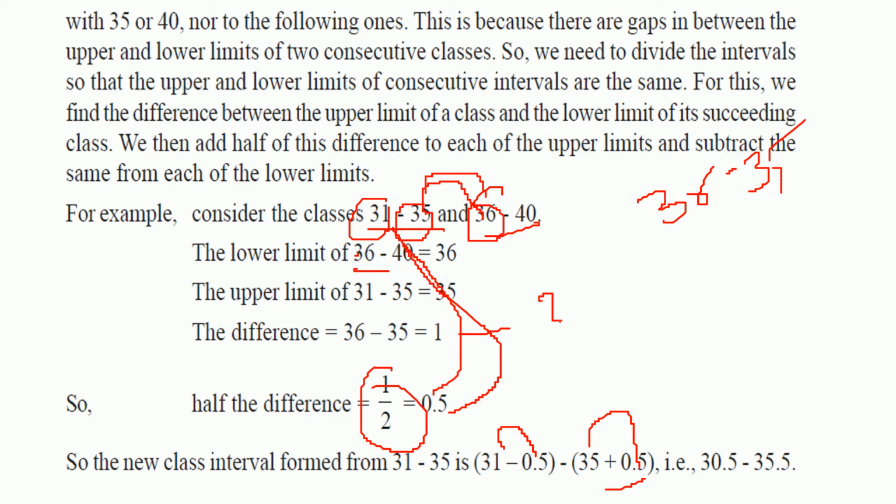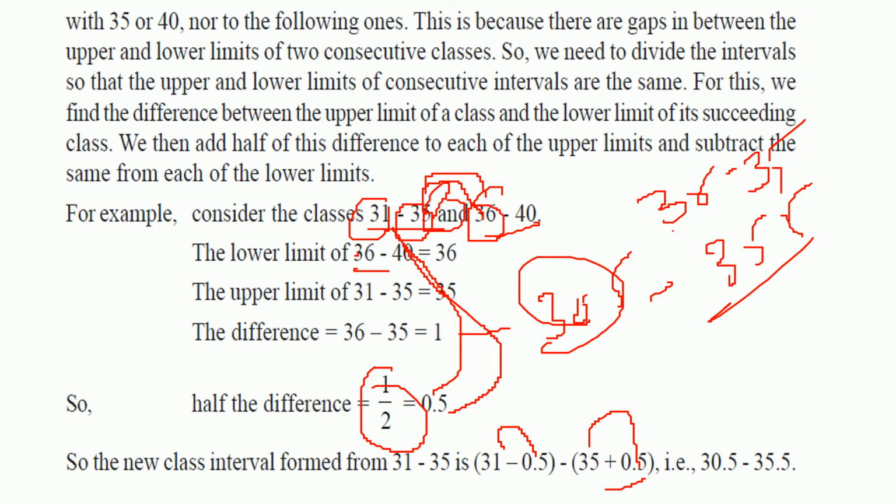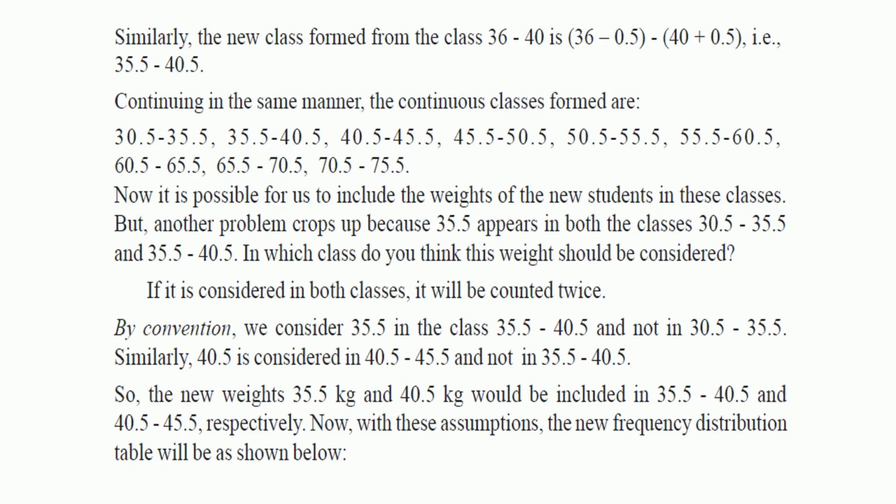So this becomes 30.5. We have taken 0.5 backward, so now this has to become 35.5. We have subtracted 0.5 here and added 0.5 here. Similarly, for the next one, 36 to 40, we subtract 0.5 from 36, that becomes 35.5, and 40 we increase by 0.5, that becomes 40.5. So the class intervals become 30.5 to 35.5, 35.5 to 40.5.